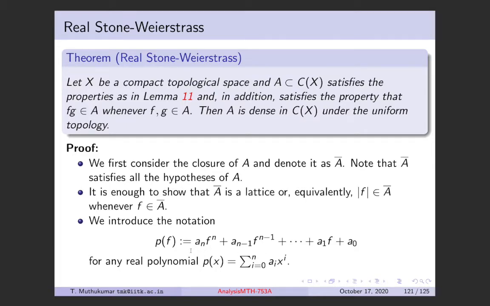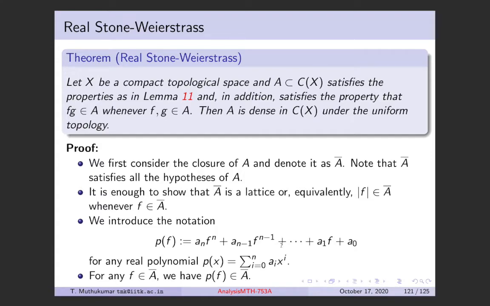So if you start with an f in A, this p(f) will also belong to A. So you start with this polynomial type function, continuous function. If f belongs to A closure, p(f) also belongs to A closure by the properties that we have been given.